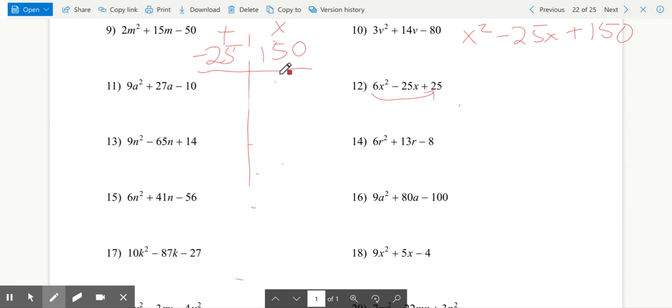So we could have negative 1 and negative 150, but that's clearly too big. I'm going to jump all the way to 5. We get -5 and -30. Otherwise, we're going to end up with a big long list again, and I don't really want to do that.